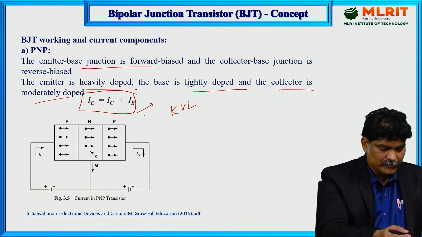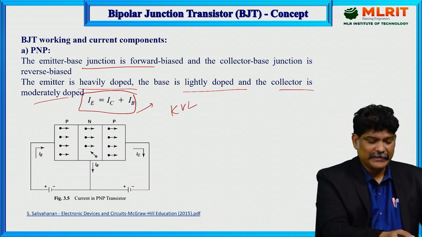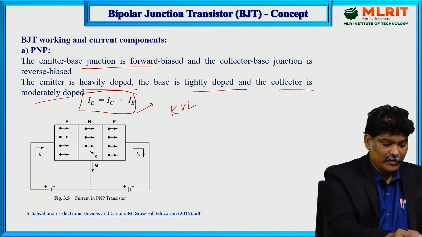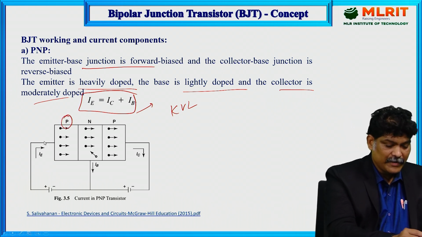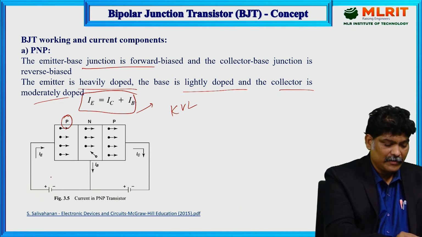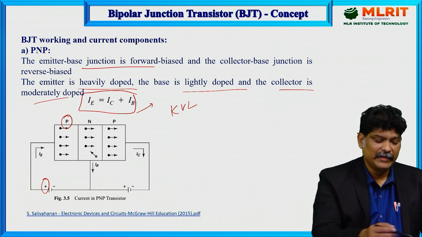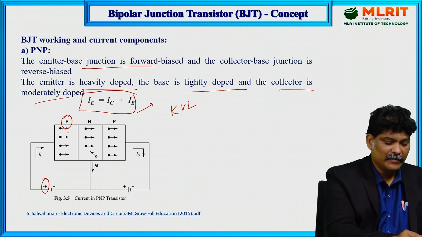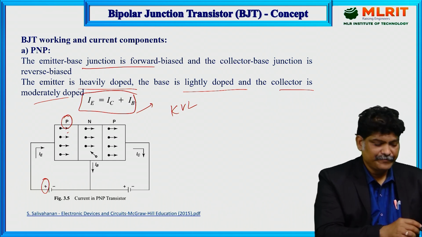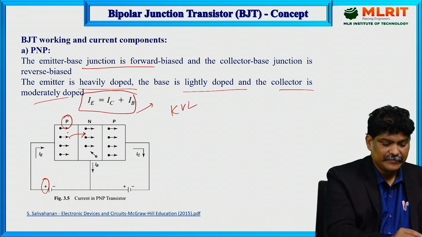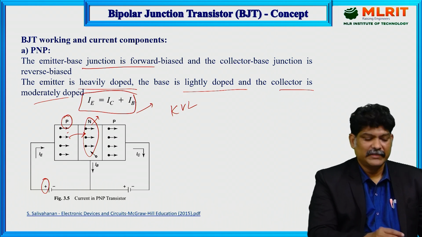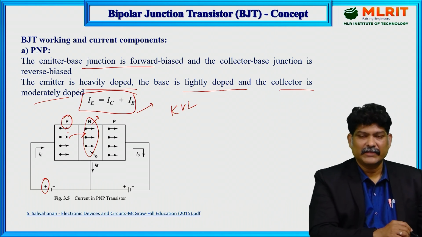Now a similar method we can adopt here. This is the P side, P-type material, and P-type material is connected to the positive terminal of the battery. So obviously these holes are repelled by this positive terminal and enter into the base region, and the base is lightly doped because the base is N-type semiconducting material, which has fewer charge carriers.